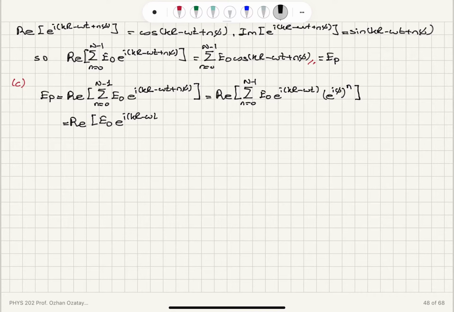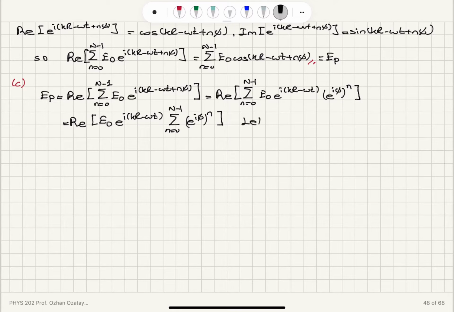Now this does not belong to the summation, the sum n equals 0 to capital N minus 1 of e to the i phi to the power n, because there is no n in this part. It's just a multiplication factor. So we're really summing over e to the i phi to the power n.